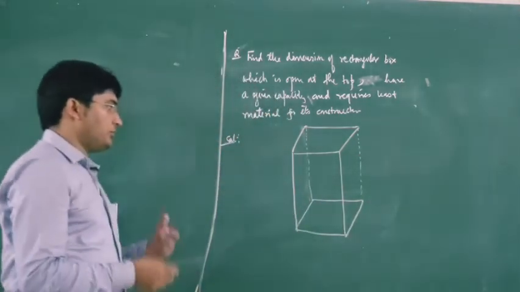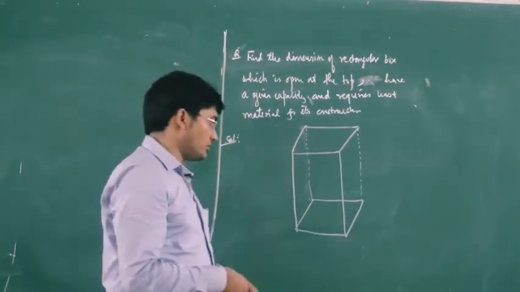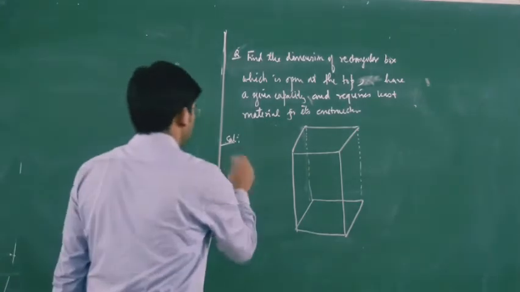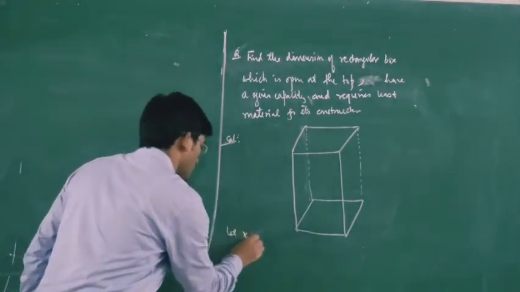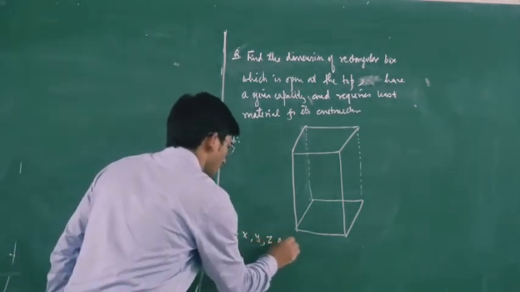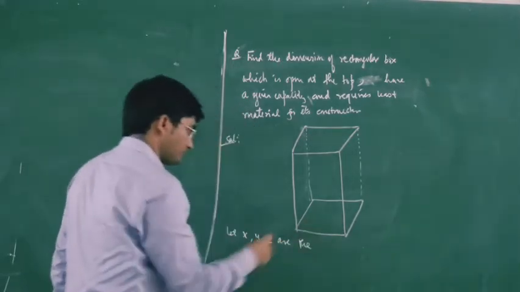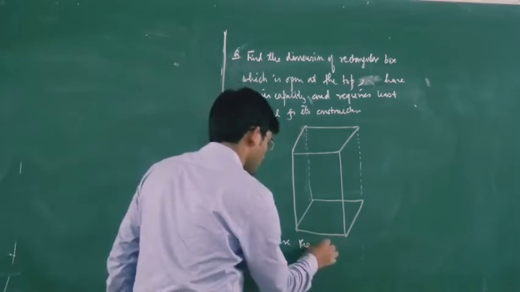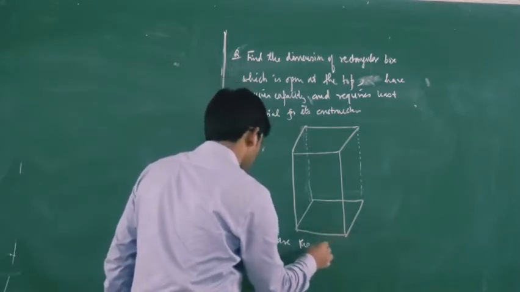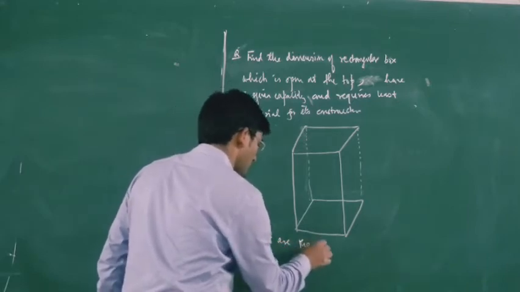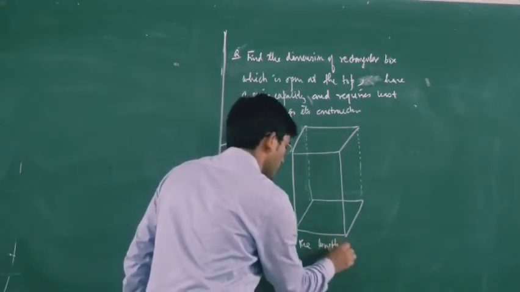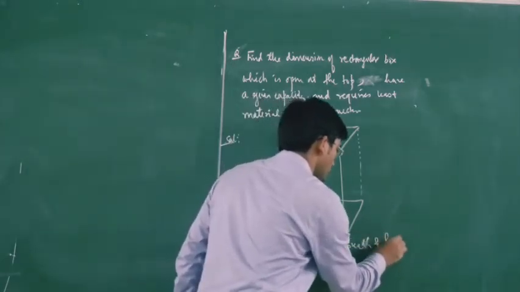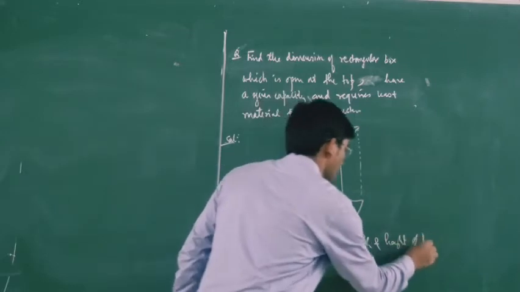Now if P is any point on the surface of this rectangular box, let x, y and z be the sides of the rectangular box. That means we can say that let x, y, z be the length, breadth and height of the rectangular box.